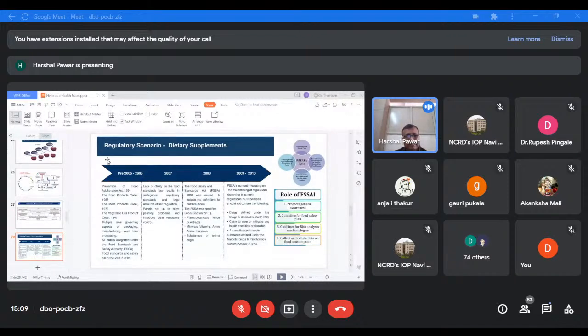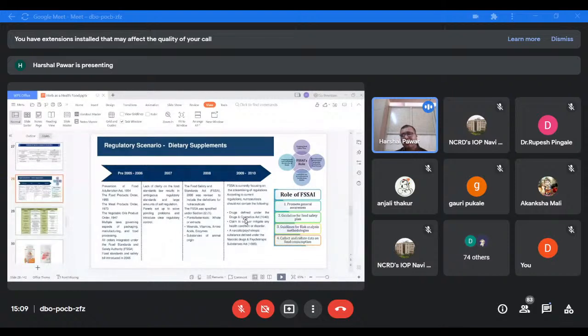So if you'll see here, before 2005, so many different acts were there, and all those acts were governing different kinds of food products, but they all merged together. And in 2005, this regulatory authority, that is Food Standard and Safety Authority, was constituted, and further it was implemented in 2011, as I told you in the earlier slide.